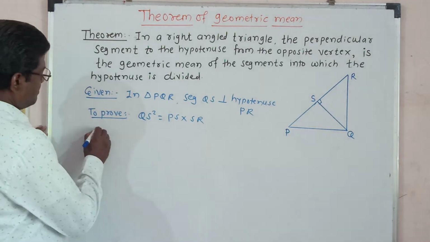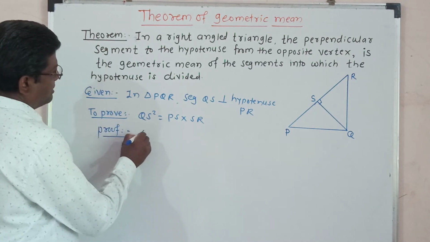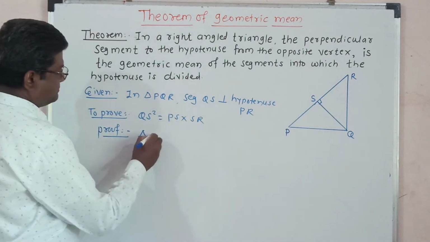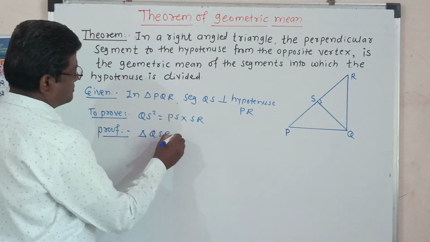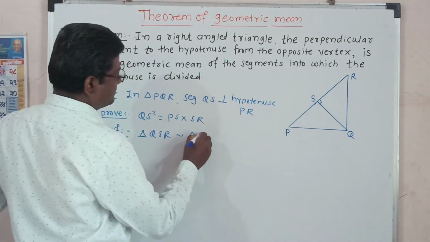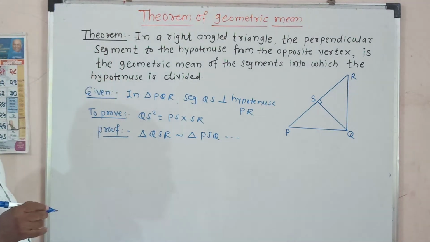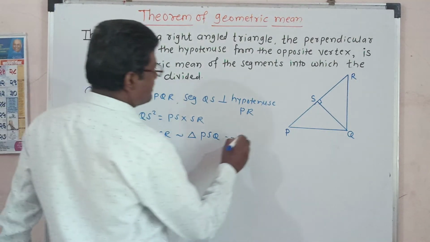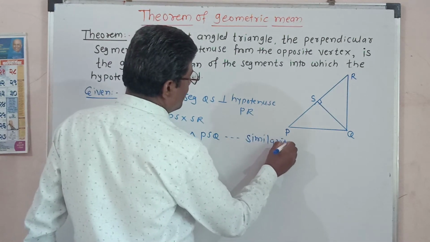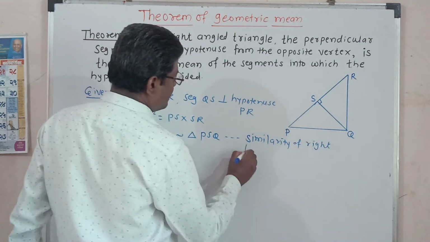Now prove. Triangle QSR is similar to triangle PSQ. Reason is similarity of right triangles.